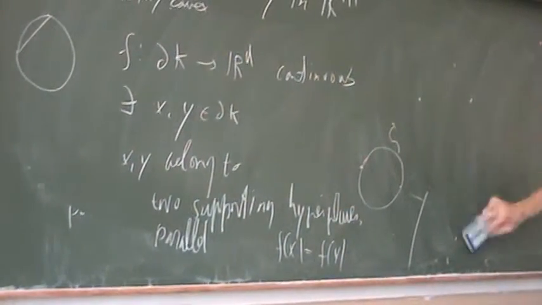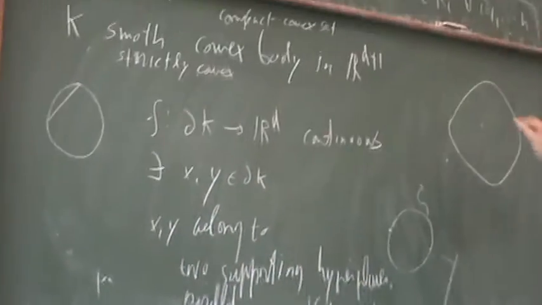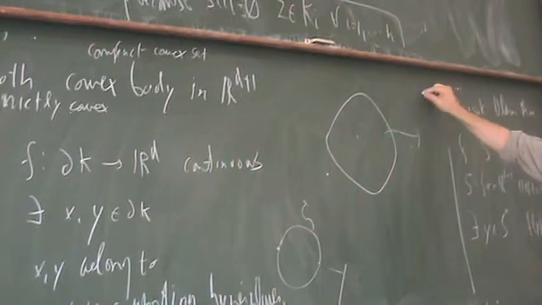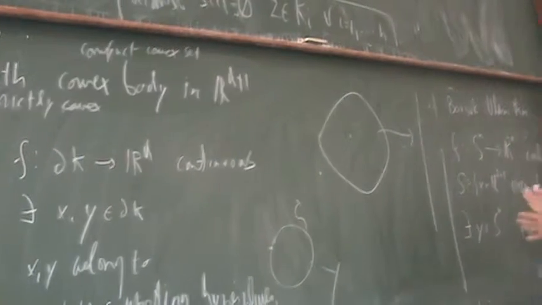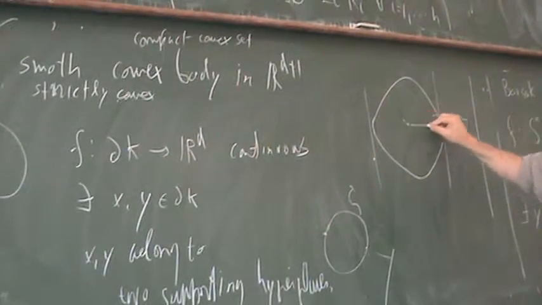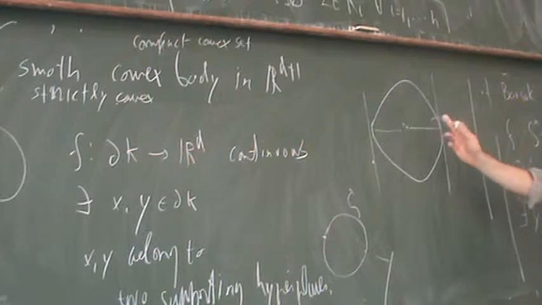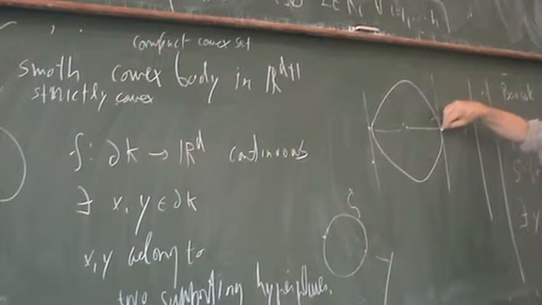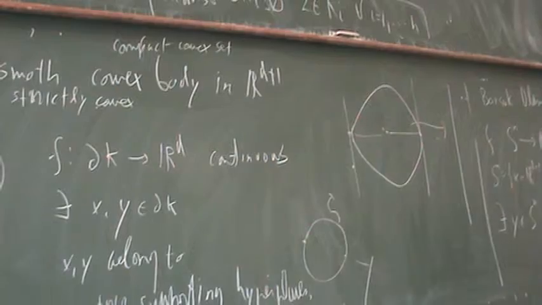So this is the Borsuk-Ulam theorem. Now we have a convex set like this, which is not a sphere, and we have a continuous map from the boundary to the line. The extension of the Borsuk-Ulam theorem says that we can find some direction where the 2 supporting hyperplanes touch points x and y that map to the same point.